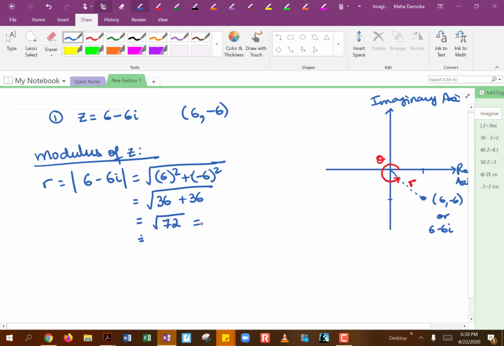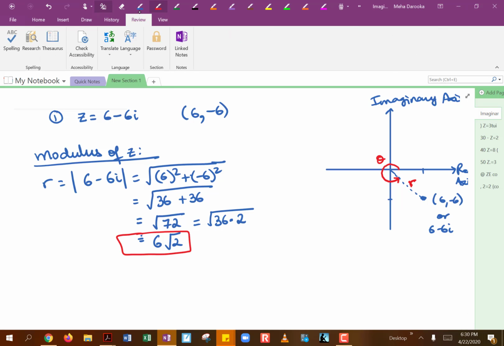And of course we need to simplify this. So if you think of square root of 72, 72 is going to be 36 times 2. So square root of 36 will come outside as 6, and square root of 2 will stay as it is. So this is going to be our r value.